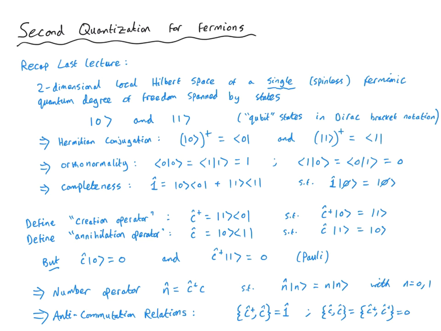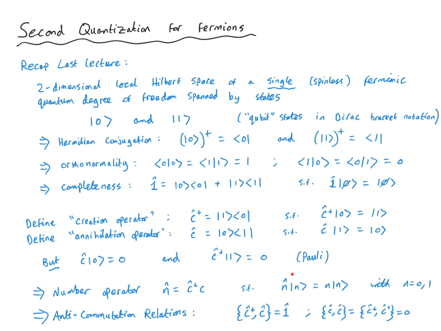We also introduced the idea of a number operator, n hat, which is defined as C dagger C, such that if I come along and act on a particular state, ket n, with this number operator, I get the state back again multiplied by n. And n here is just 0 or 1. It's a quantum number, if you like, labeling our basis states. n equals 0 is the empty state, n equals 1 is the occupied state.